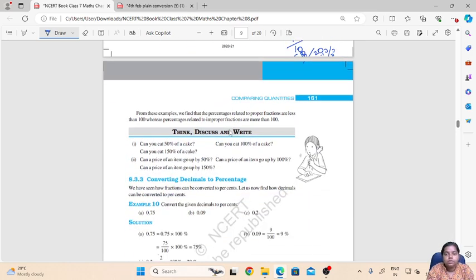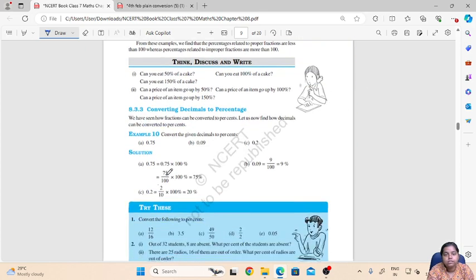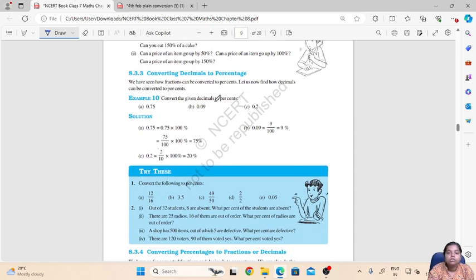Okay, we'll see here how to convert decimals into percent. Over here we'll see converting decimals to percent. Here they have given decimals: 0.75, 0.09 and 0.2. Now we have to convert these decimals to percent. Now see how to do this. 0.75 is given.